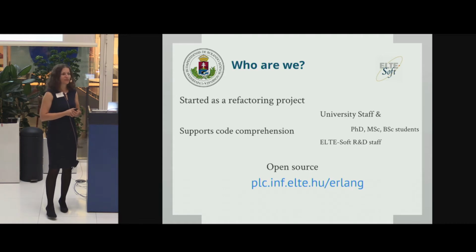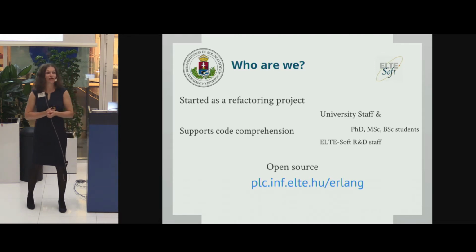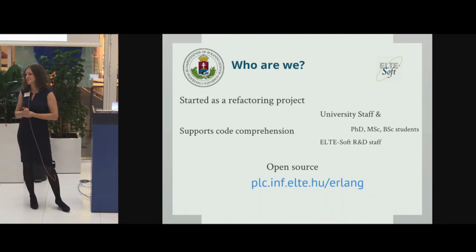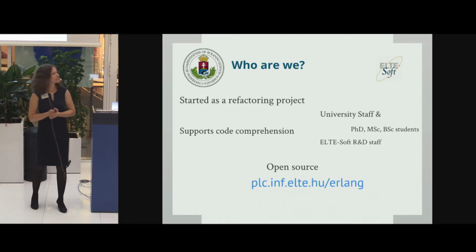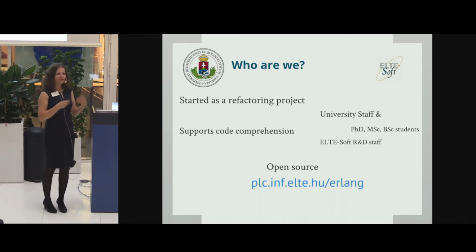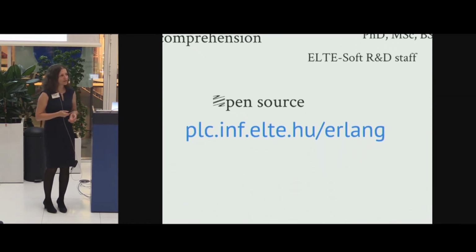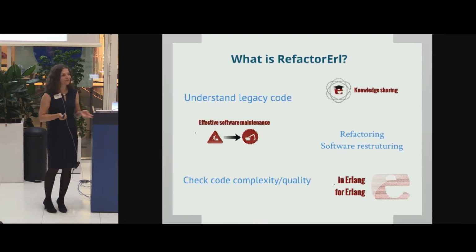Sometimes doing a static analysis in a dynamic language like Erlang is not really straightforward, but we try to gather all of the information that is possible from the source code, and present it somehow to the developers. This tool is open source, so if you want, you can just download and try it.